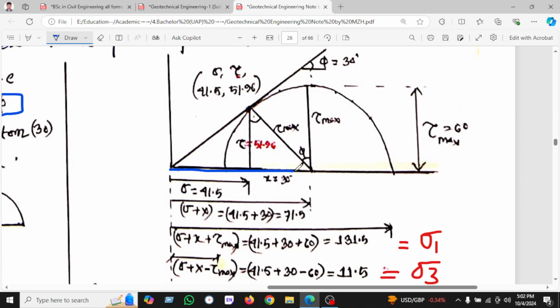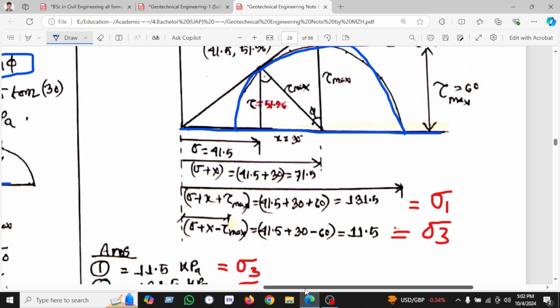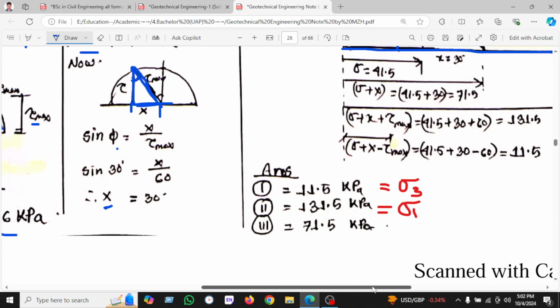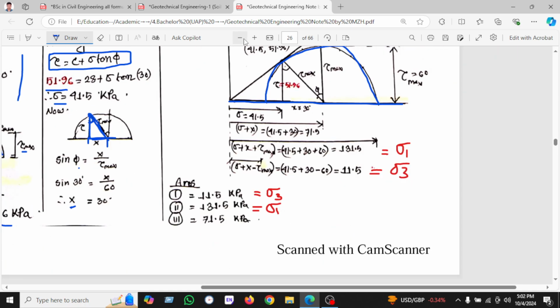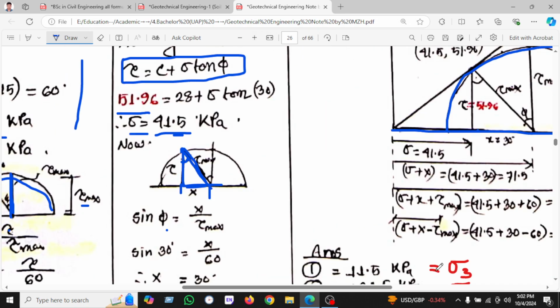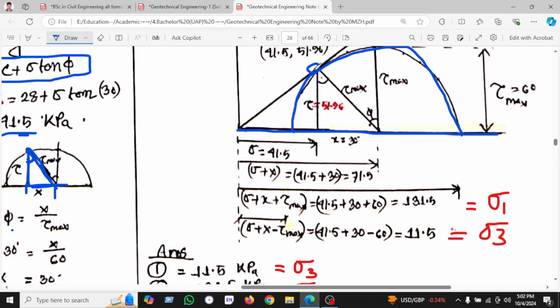At first we will give the x-axis and draw the circle. The circle is here, we have drawn it, and we know the σ is 41.6. This is our 41.6. So we have found this point, and this axis is 41.6, and we know this value is x. So σ plus x will be 71, and this portion, and we will also know the maximum position.